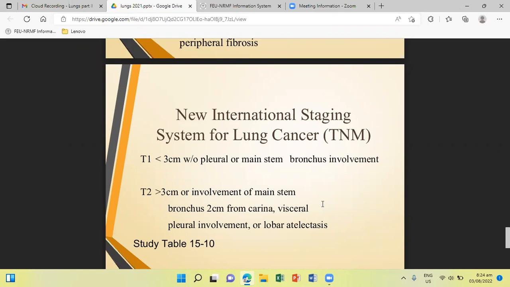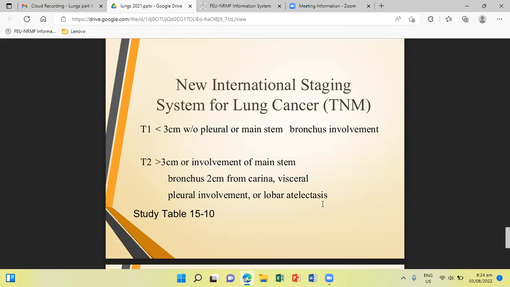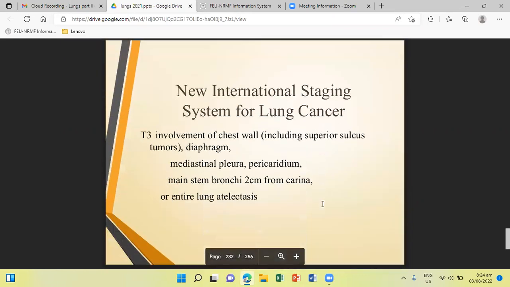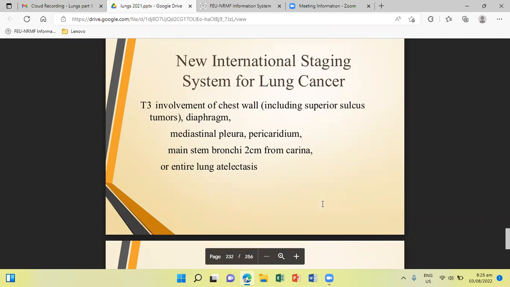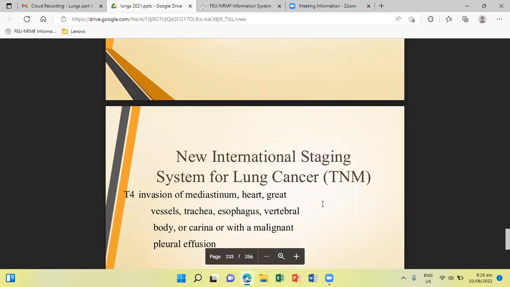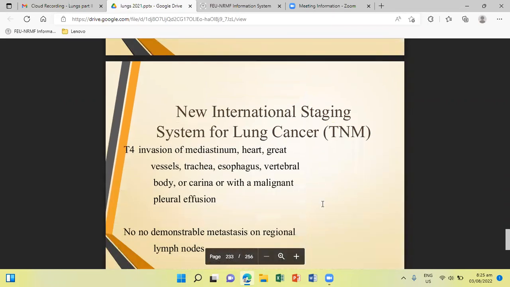Next stage would be N. So the size of the mass is important, as well as the extent of involvement of adjacent structures in your chest, like, for example, the mediastinum, the pleura. Now, if that happens, then it may be either T3 or T4.